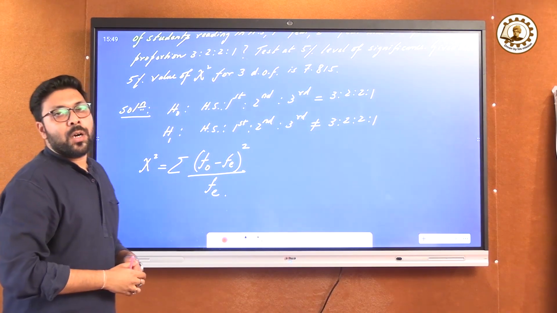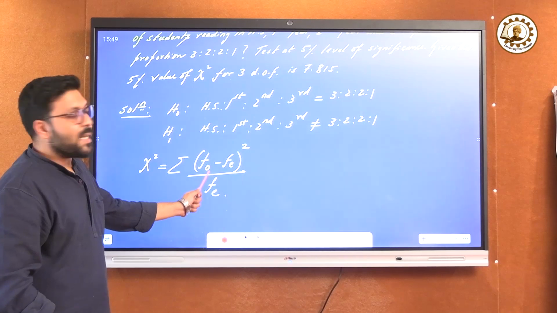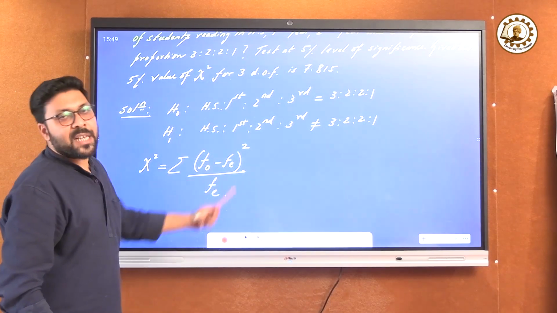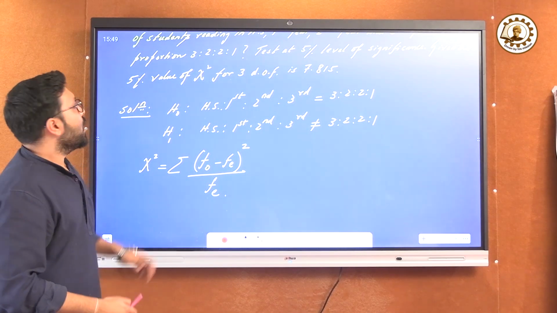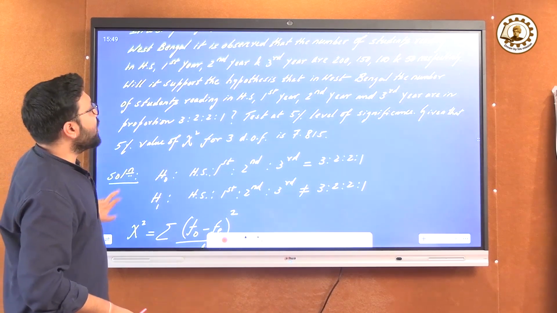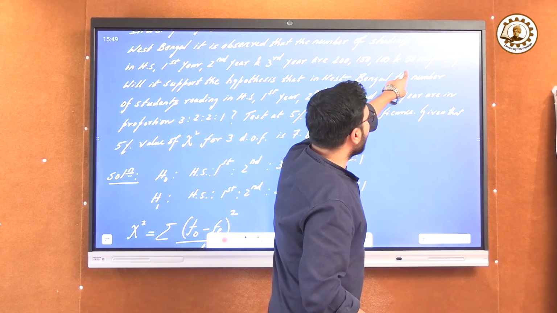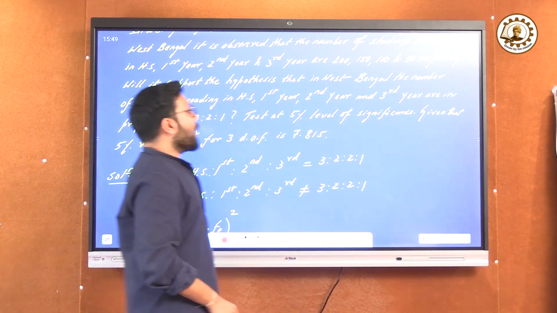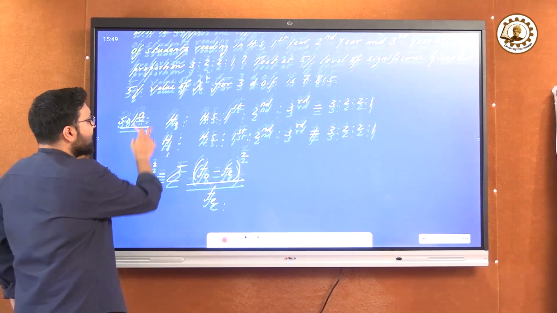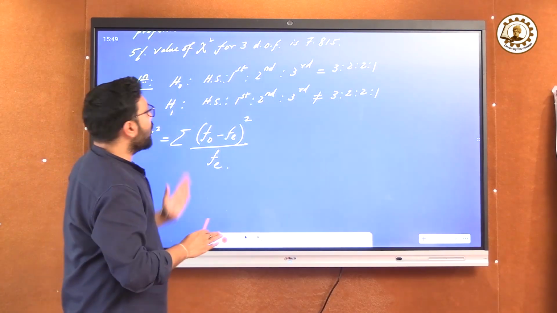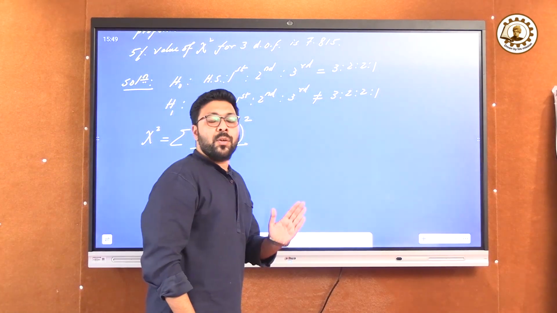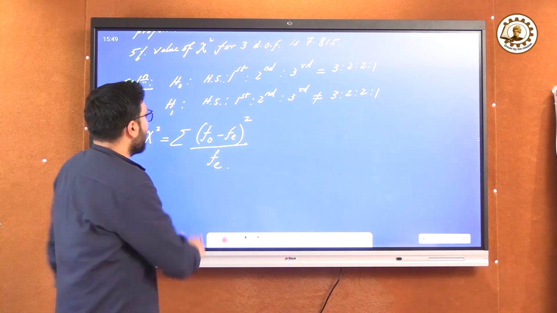Here FO stands for observed frequency, FE stands for the expected frequency. So as you can see here, the observed frequencies are 200, 150, 150 respectively. So based on this information, we have to find out the chi-square value of this question.